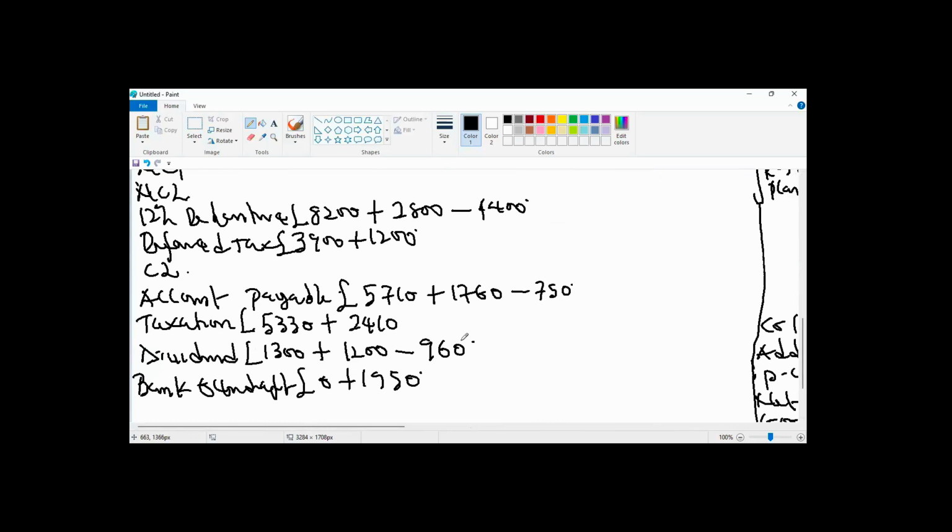Goodwill impairments. Goodwill arising on acquisition of Small Bottle Limited was considered to be impaired by 20%. So I have not known the goodwill.